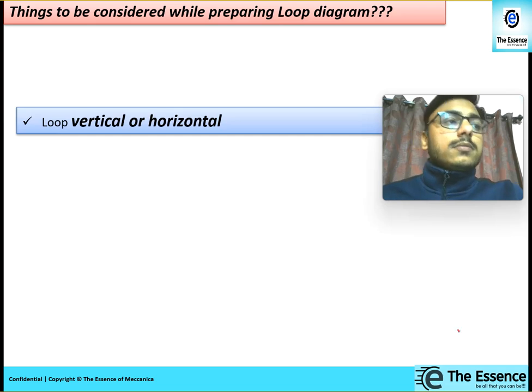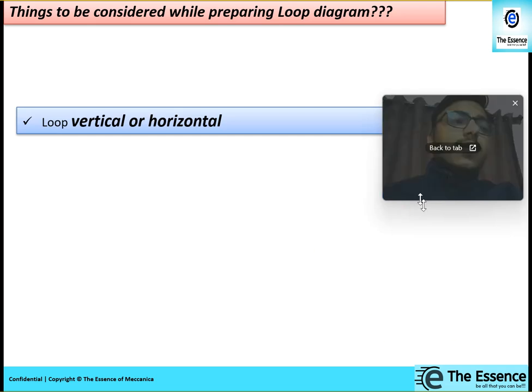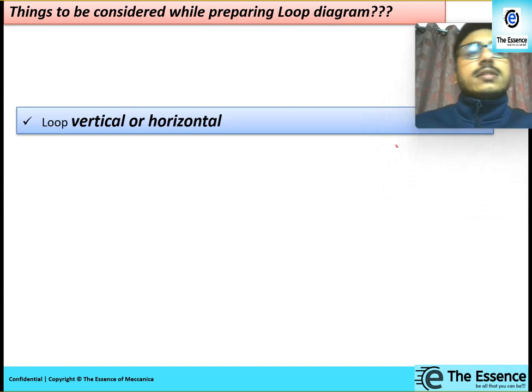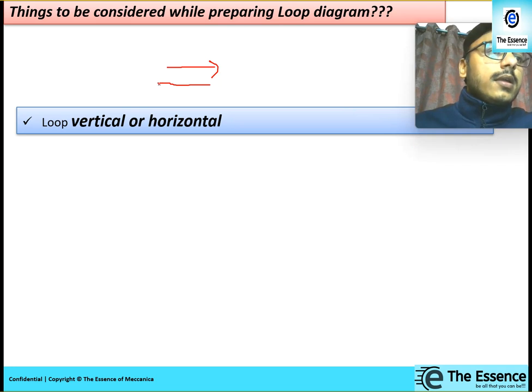Now, what are the rules in tolerance stack up analysis that we are going to learn over here? The rule says the loop can be vertical or horizontal. If we are preparing a loop, it can go horizontally left or right, or vertically up or down.